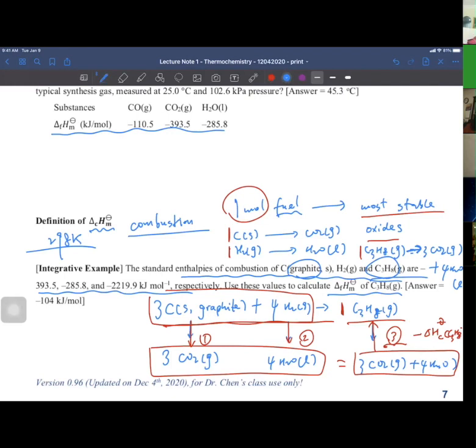So I think you can easily get the delta H of the reaction, which equals the delta H of formation of C3H8, equals delta H1 plus delta H2 minus delta H3, which will be the sum of the combustion enthalpy of the reactants minus the sum of the combustion enthalpy of the products, right?